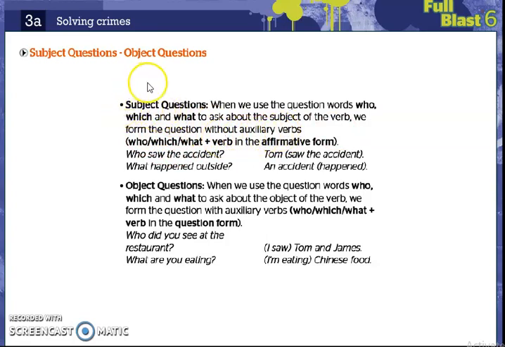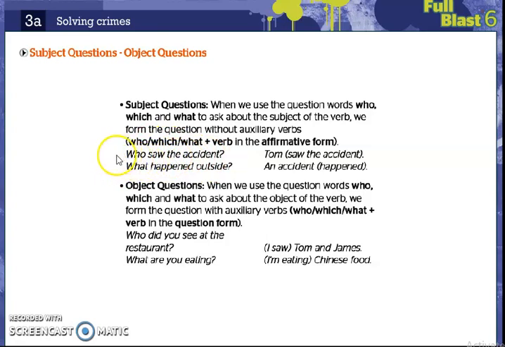So, when we ask about subject, we don't use auxiliary verbs. We just put the question word like who, which, what, plus the verb in the affirmative form. For example, who saw the accident?